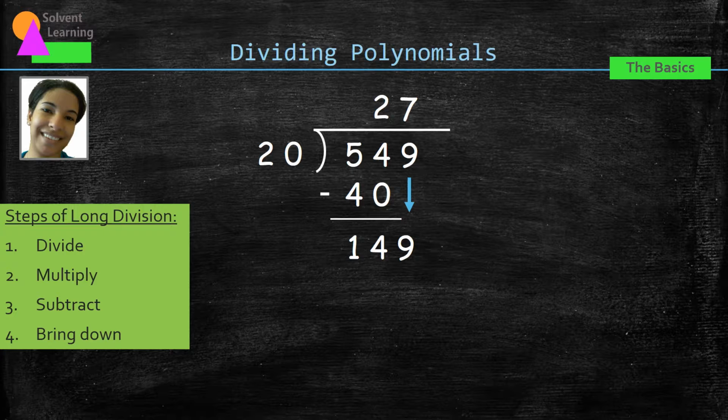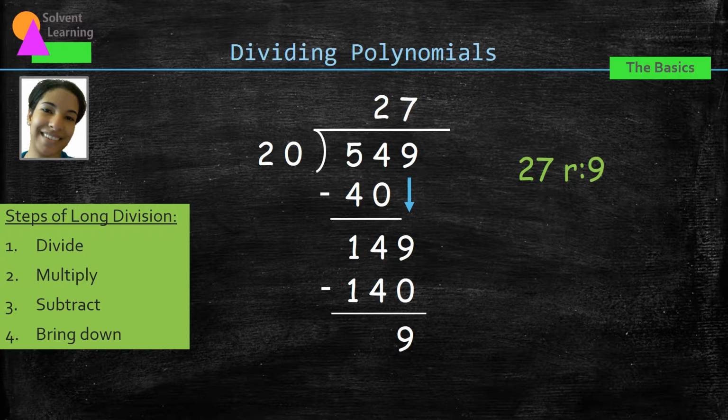Okay. Next we multiply the 7 times 20. Then subtract 149 minus 140 gives us 9, and there are no other digits to bring down, so we're all done. Now we can write this solution one of two ways.